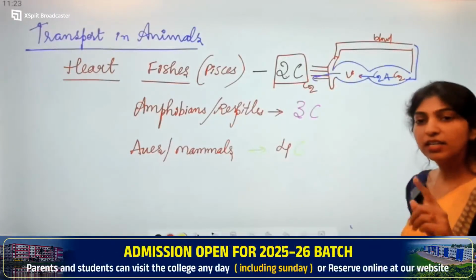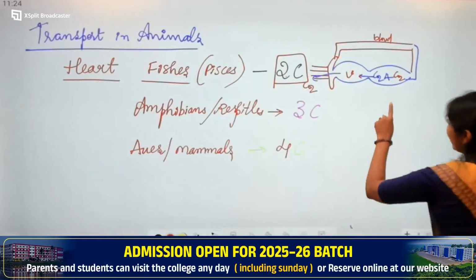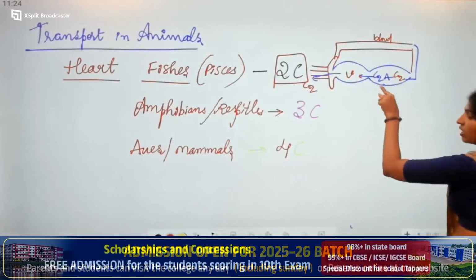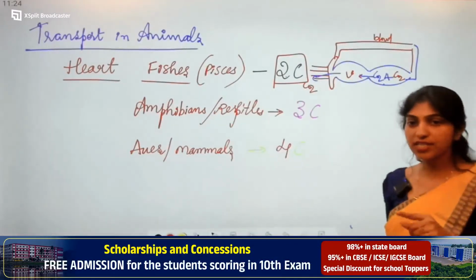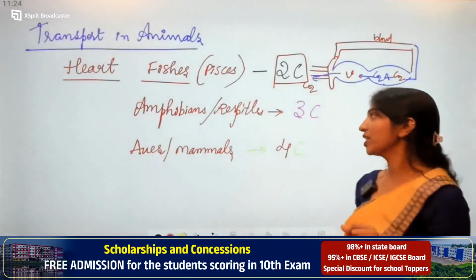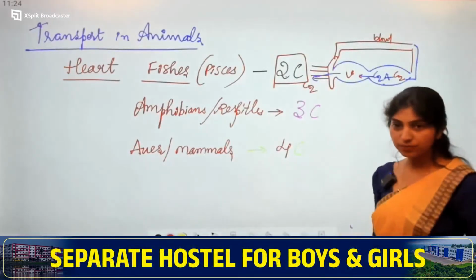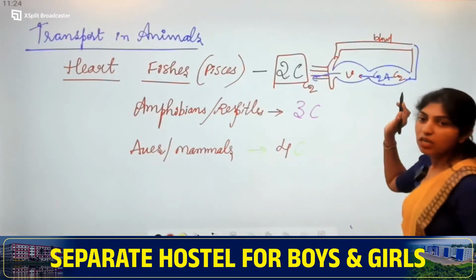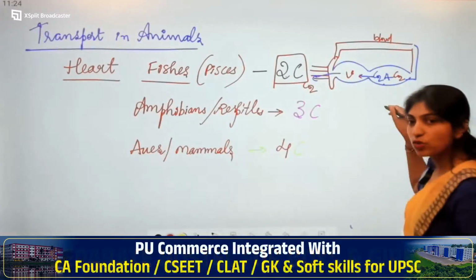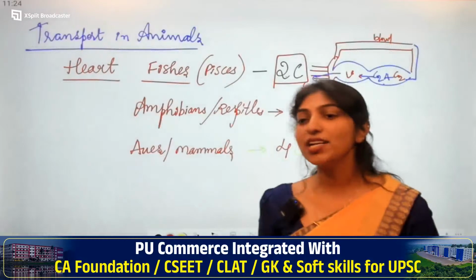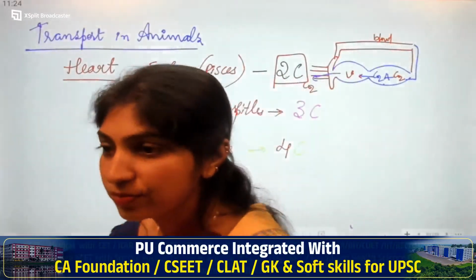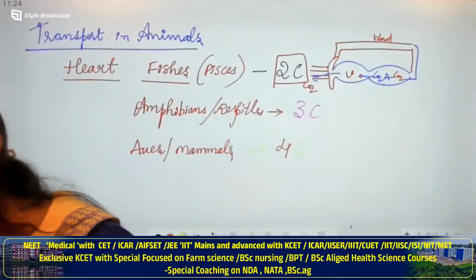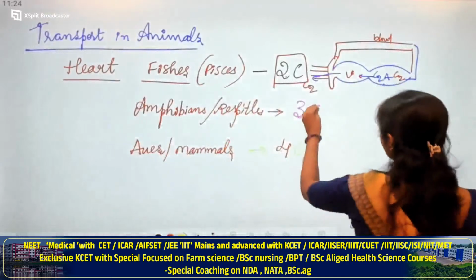And here remember, the blood enters the heart in the form of carbon dioxide, deoxygenated blood. The deoxygenated blood is carried by the heart. The oxygenated blood does not enter the heart, so it is called a venous heart. Why does the dissolved oxygen not enter here?